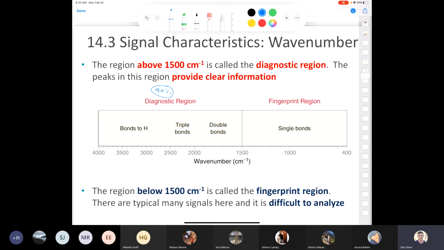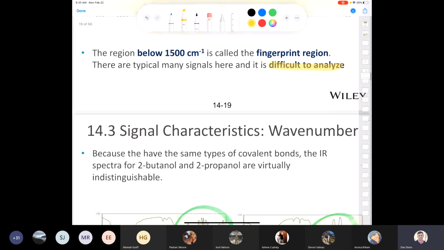It provides really clear information about double, triple bonds, bonds to hydrogen. Whereas the fingerprint region is what it sounds like. It's anything below 1,500 reciprocal centimeters, and it can be very difficult to analyze. So that's why we don't cover a ton in this class. But if you're wondering, what's the fingerprint region used for if it's so difficult to analyze? Well, let me show you.